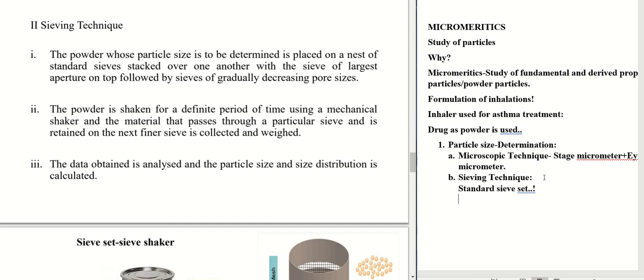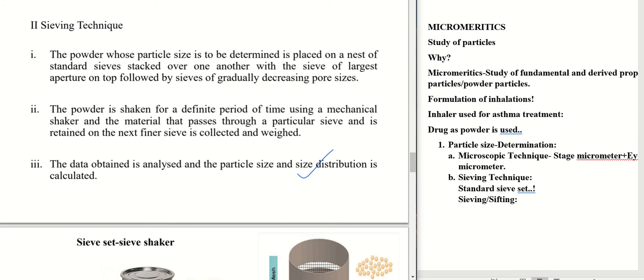So the principle is sieving or sifting. It is a very simple technique, and in this technique we will be able to determine the particle size and also the size distribution, and the weight distribution is also easily obtained and calculated.